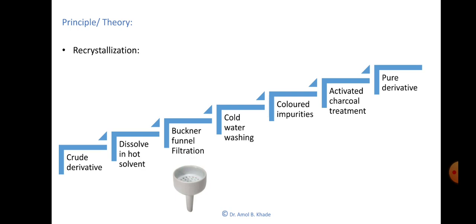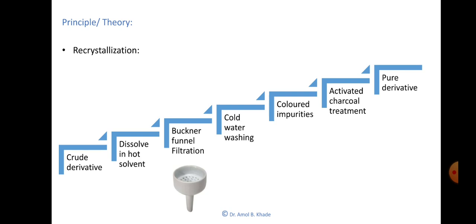Then in the filtrate, that is in the bottom beaker, you will get the solvent plus your solid derivative in dissolved form, and the impurities will be retained on the filter paper. You can wash this filter paper with some cold water. Any impurities will be retained on the filter paper, and the pure derivative will go into the filtrate.